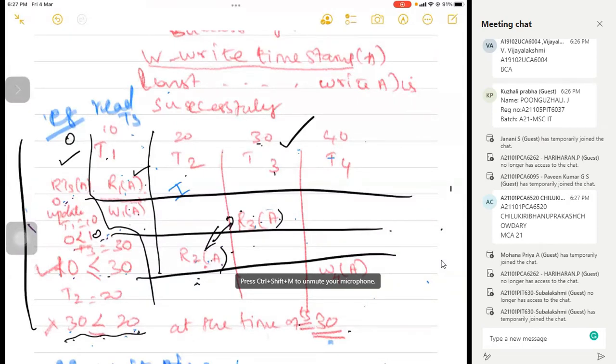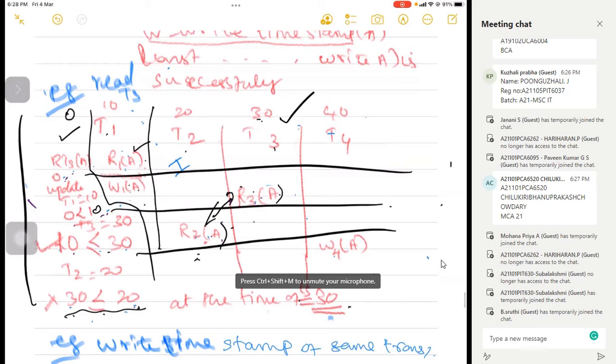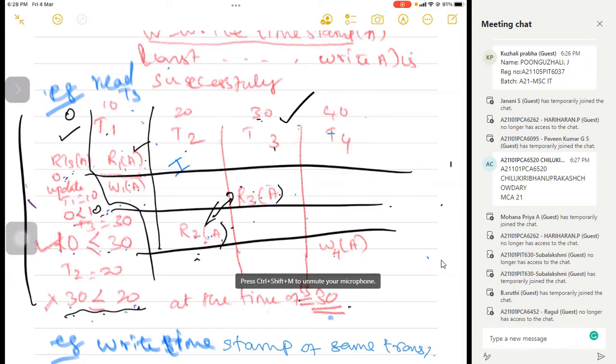Time 1, transaction 1, 2, 3, 4. So each timestamp is 10 seconds. 10, 20, 30, 40. Initially, it starts from 0. Now the transaction, yes, timestamp starts for A. The time is 0. At the time of read A, timestamp is 0.